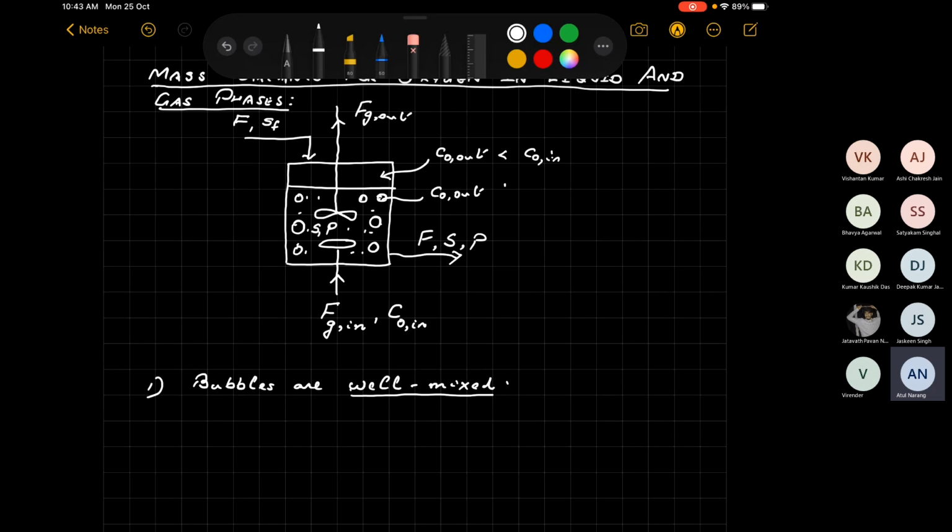So now, with that assumption, you can start to build your mass balance equations. Okay.